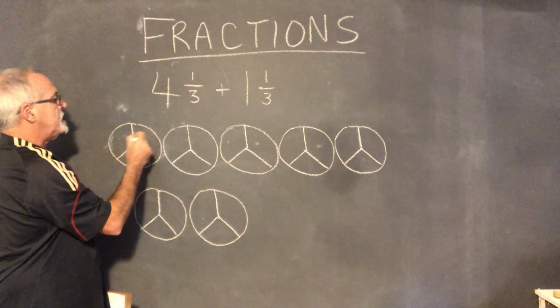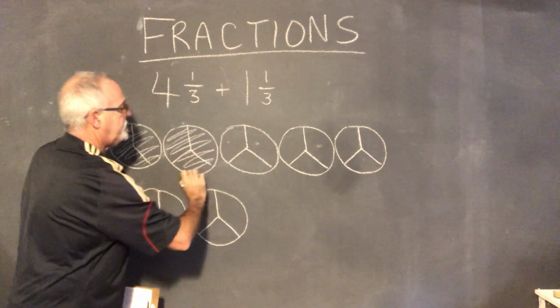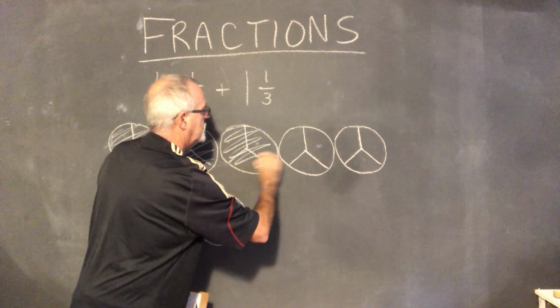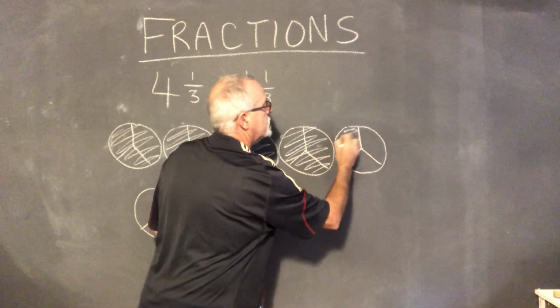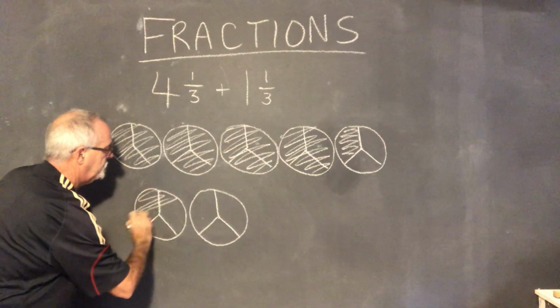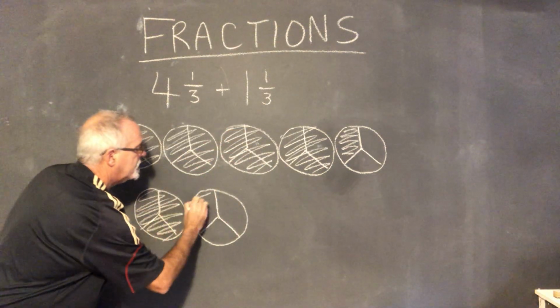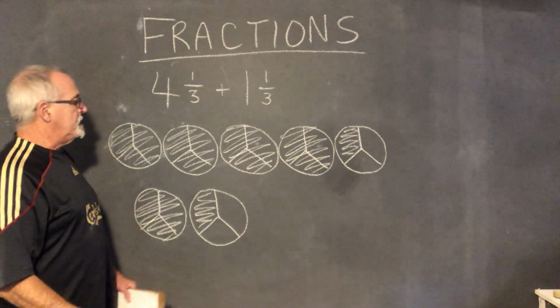4 1/3 means we have 4 complete pizzas and a third. So there's 1 piece left in here. And then the 1 1/3, we have a complete pizza and a third. And now we can add together and we can see how many pieces we have.